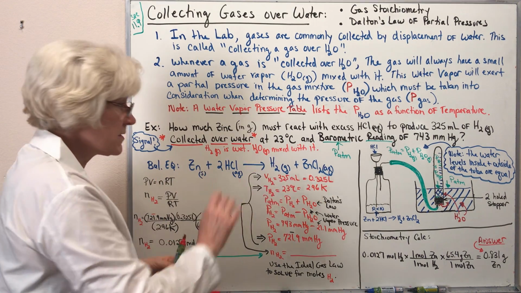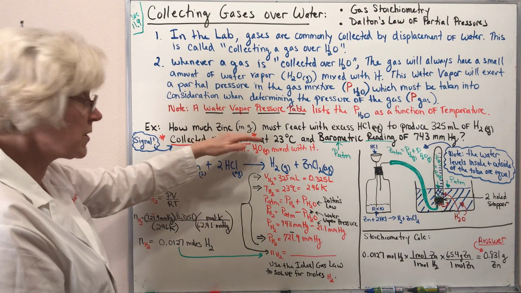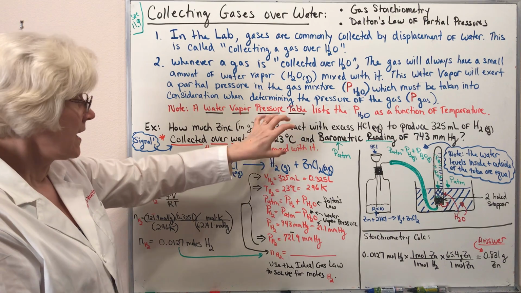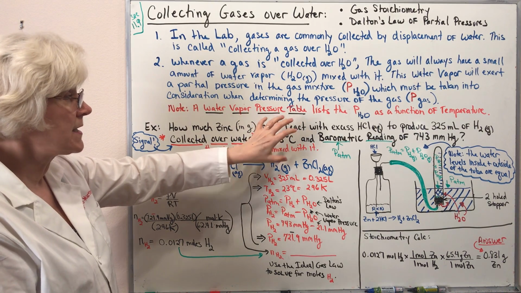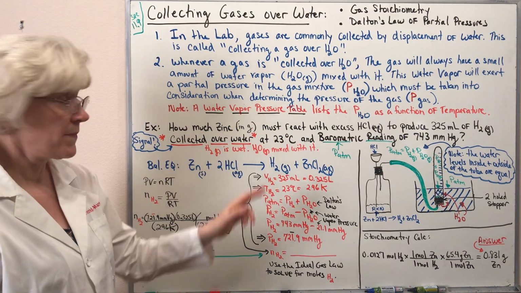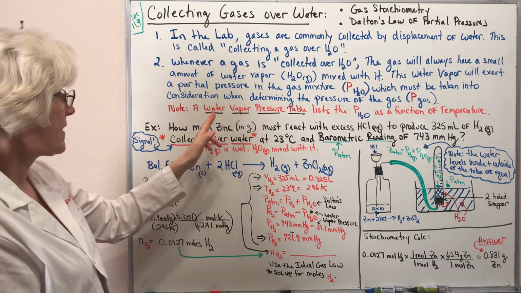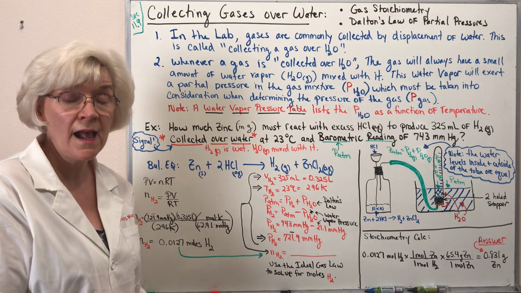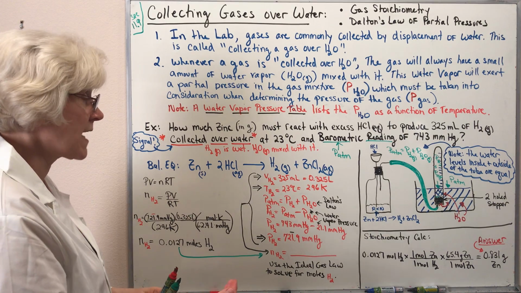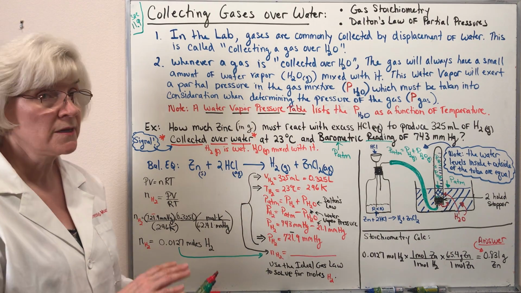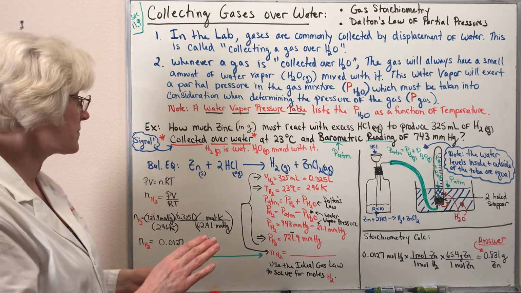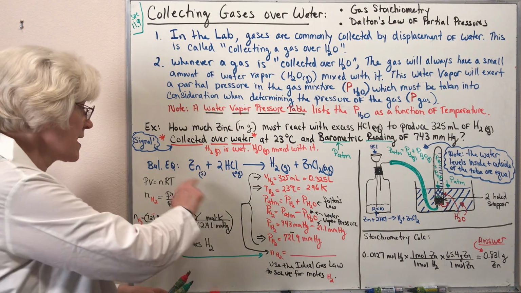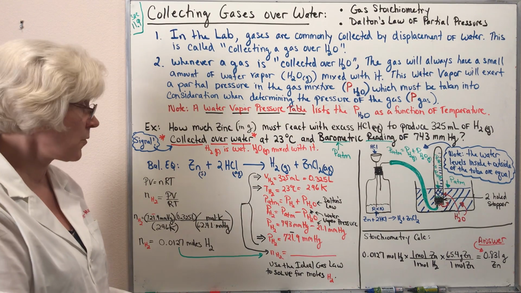So any stoichiometry problem, which this clearly is, involves a chemical reaction, it's giving you a lot of data about hydrogen gas, and then asking you to calculate how much zinc metal had to react to produce that. All stoichiometry problems involve a chemical reaction, and you must have the balanced equation.